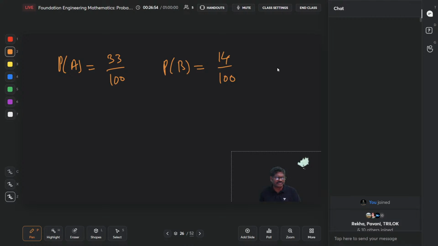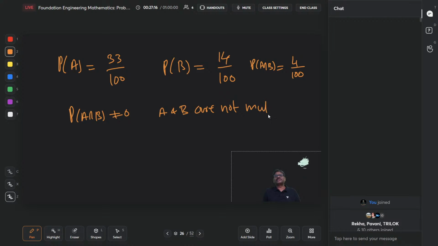The number is divisible by both, 4 by 100. Now, probability of A intersection B is non-zero. Therefore, A and B are not mutually exclusive.